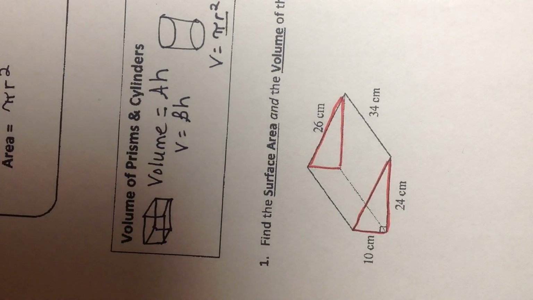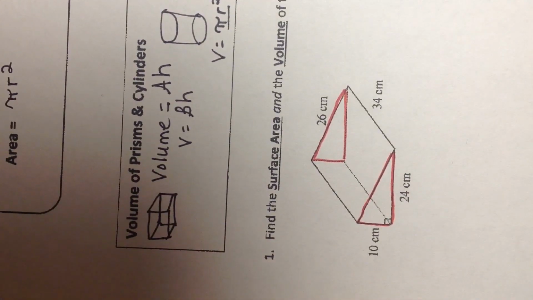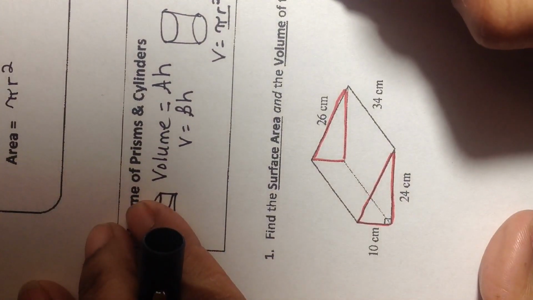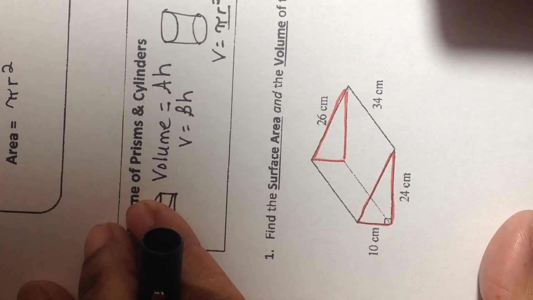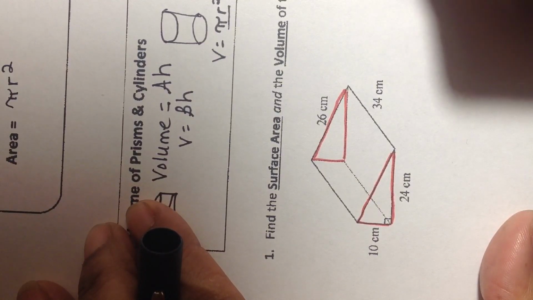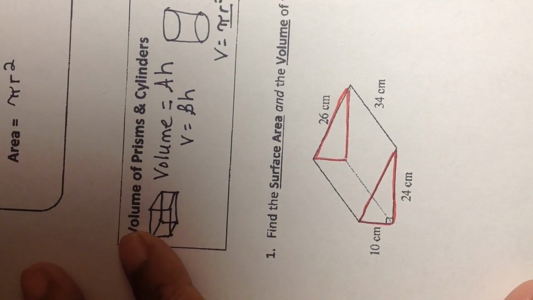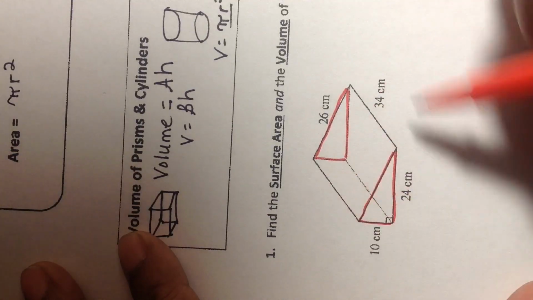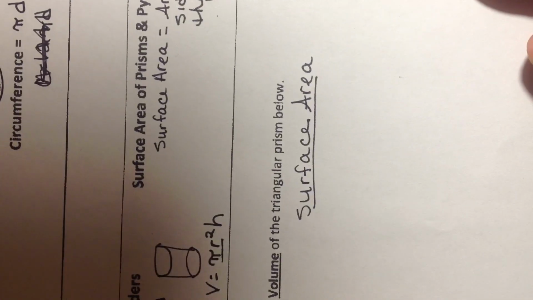I highlighted them in red. So surface area, we'll find that first. I'm going to add up the area of my bases, then add up the area of my sides, or my lateral faces, and that's going to give me my surface area.